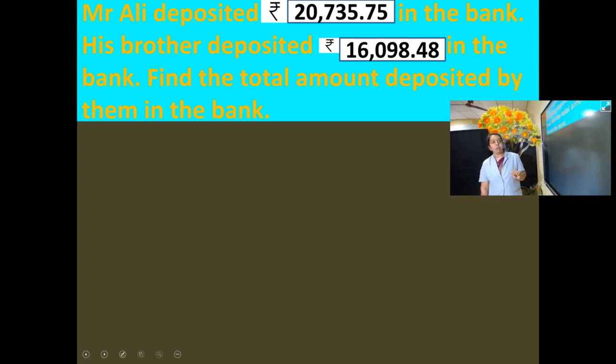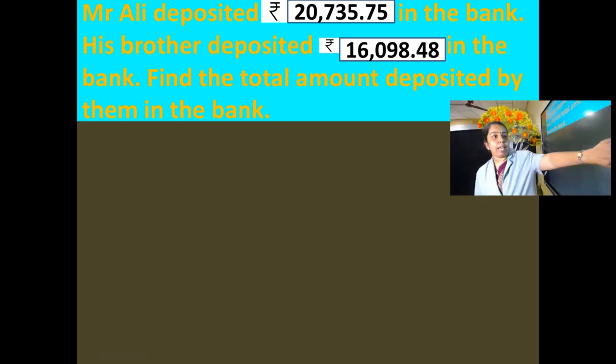Find the total amount deposited by them in the bank. Read out the question once again. Mr. Ali deposited rupees 20,735.75 in the bank. His brother deposited rupees 16,098.48 in the bank. Find the total amount deposited by them in the bank.